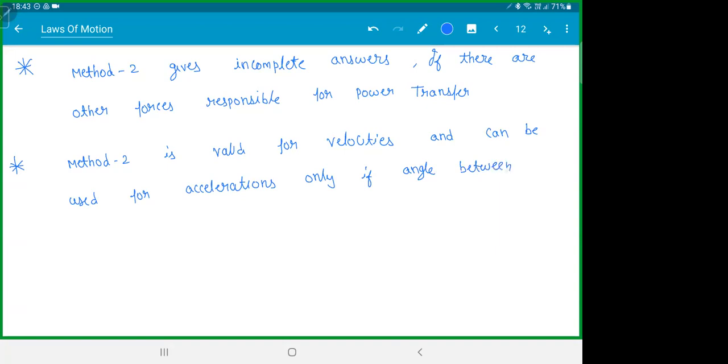I know the points look a little weird. It's okay, just read and understand them. When we see problems, you'll get the context of it. The angle between velocity and tension is constant. Let's do some problems and then we'll do these weird cases also.